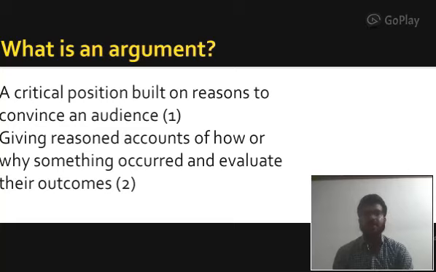Let me again simplify it for you in a few words. An argument is your own analytical personal interpretation of the text or the topic, something that you have discovered on the basis of your own careful, close reading of the topic or the text.